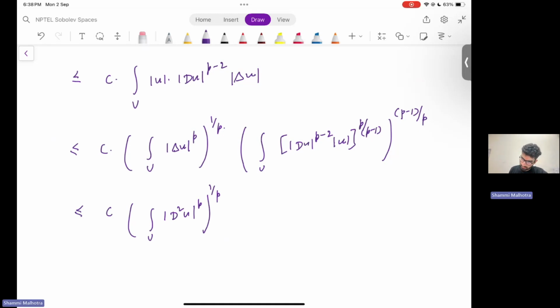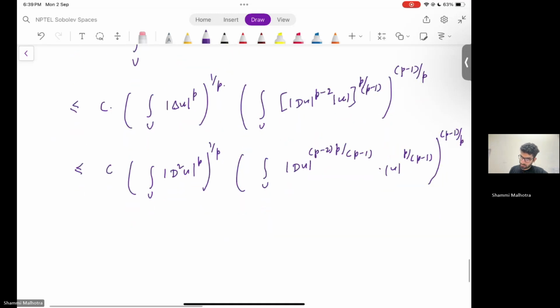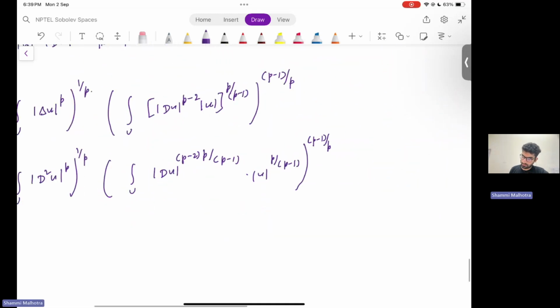And again, this is nothing but the integration of u over |Du| to the power (p-2)p, the whole divided by p minus 1, and |u| to the power p upon p minus 1. This comes from Hölder inequality.